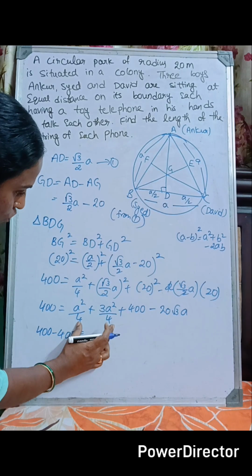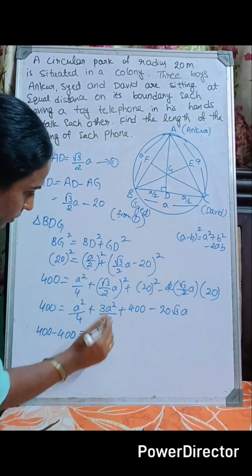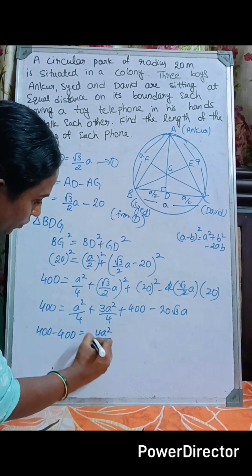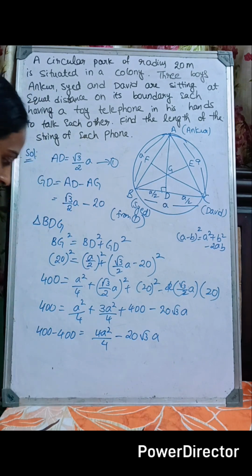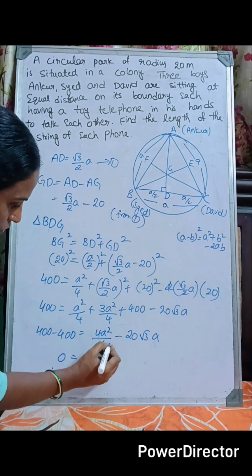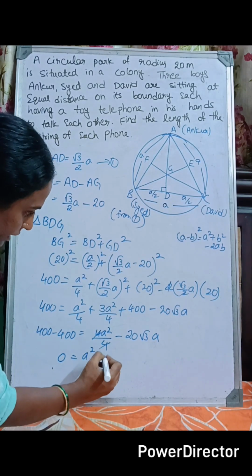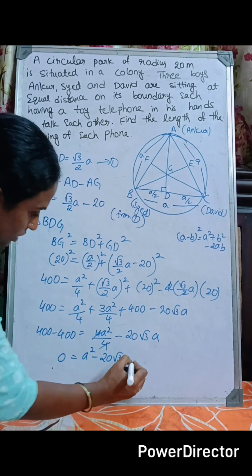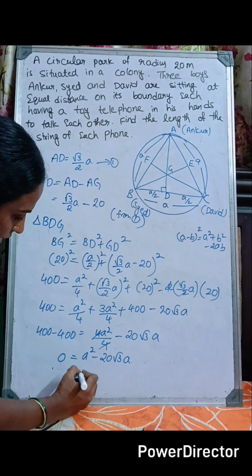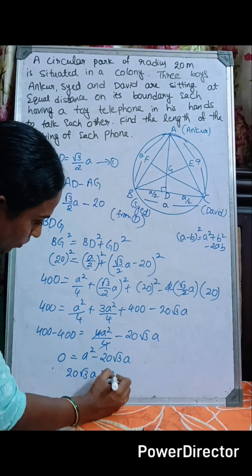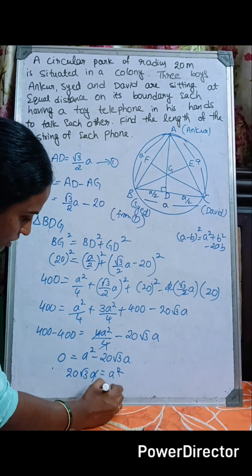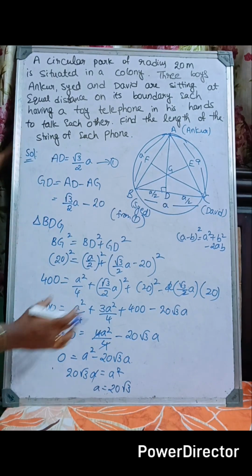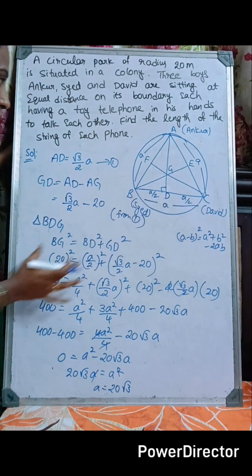Now A square by 4 plus 3A square by 4 is 4A square by 4, minus 20 root 3 A. So 0 is equal to A square minus 20 root 3 A. Taking the value to this side, 20 root 3 A is equal to A square. Canceling one A, A is equal to 20 root 3.